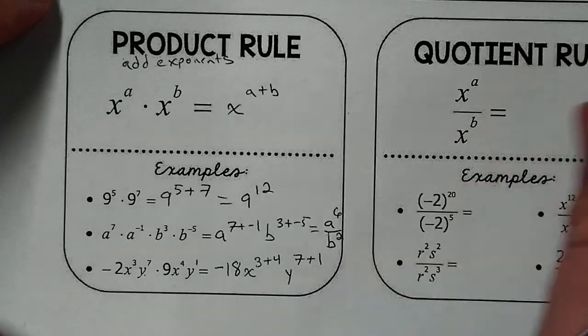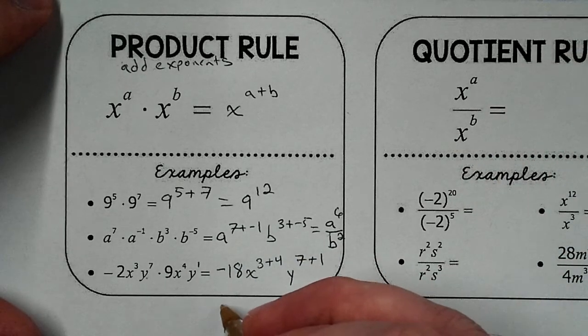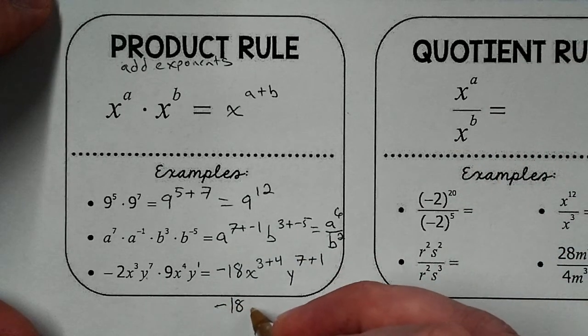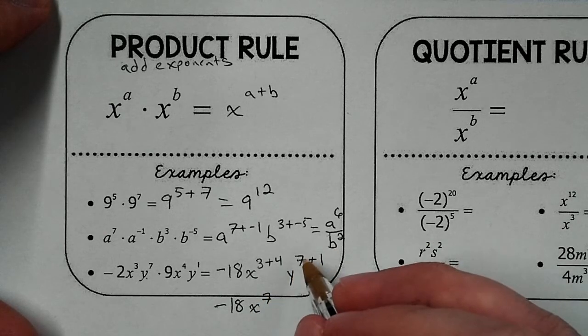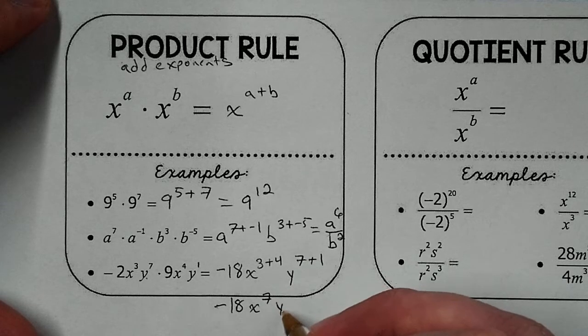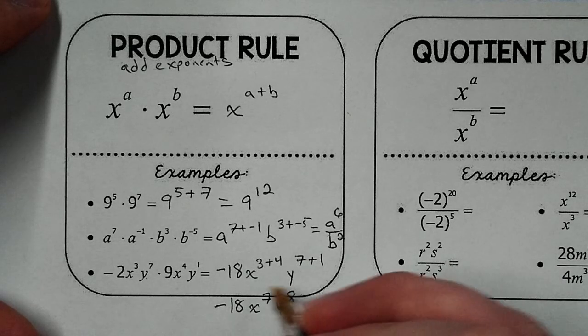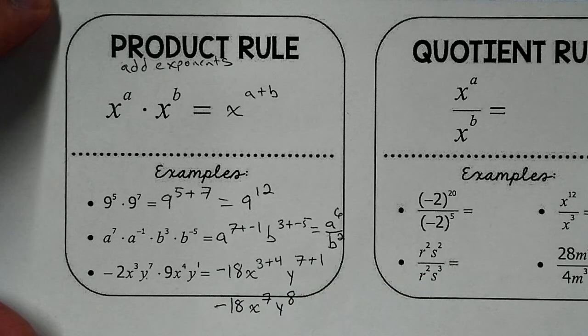X to the 3 plus 4 is 7. So this becomes negative 18 times x to the 7th, and y to the 7 plus 1, which is 8, y to the 8th. So there's our answer for that one. I'm going to stop the video here. We've got 2 more rules to learn.